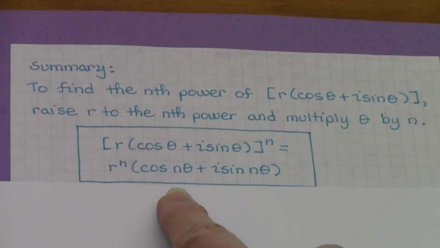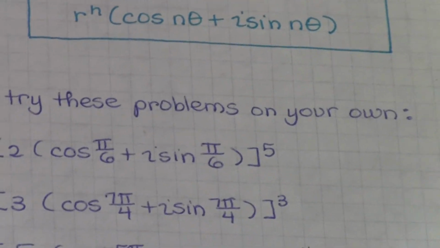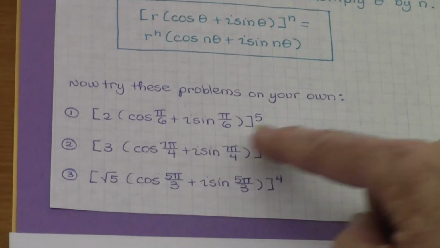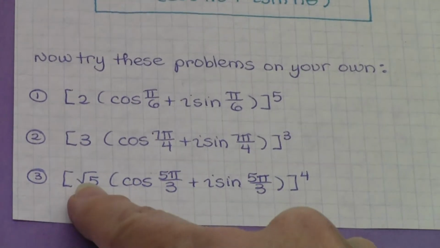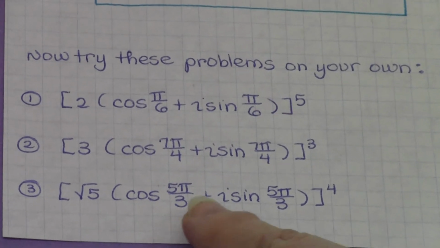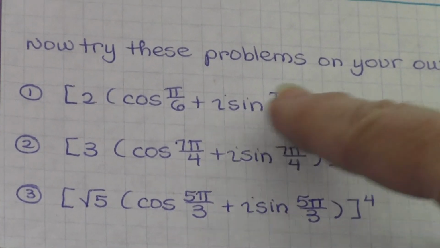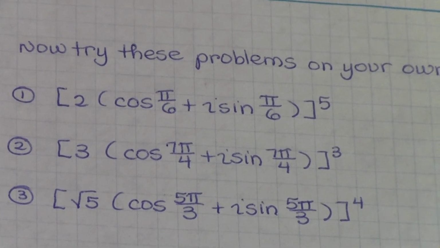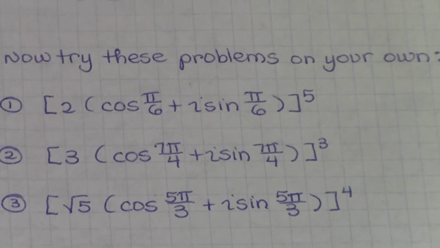After viewing it as many times as you want, I want you to try these 3 problems. I kept the problems pretty simple. I didn't go crazy on the powers, but I want you to try raising r to the power and multiplying theta. In each case, multiply your theta times the power, find that product, and then simplify the angles. Thank you for watching.